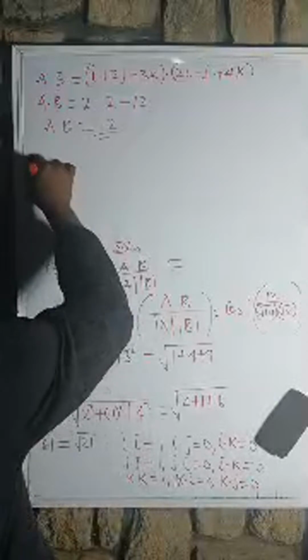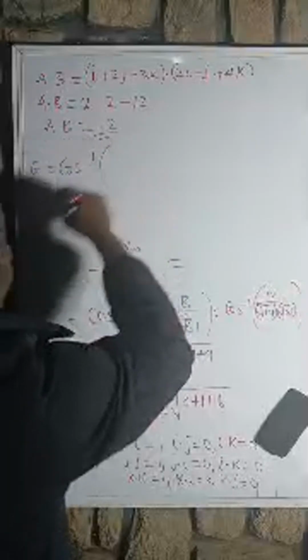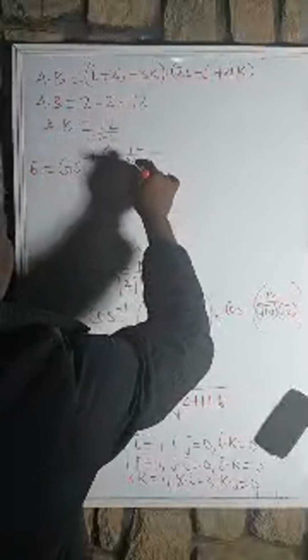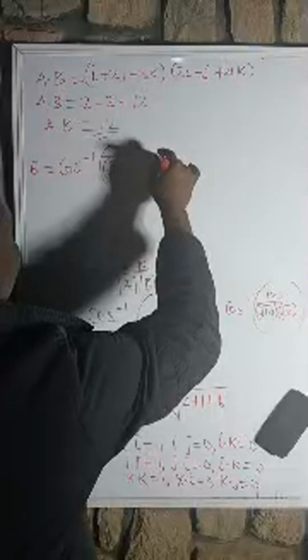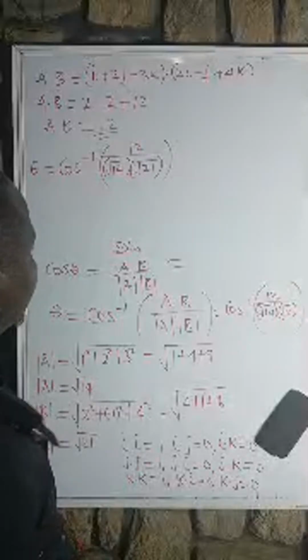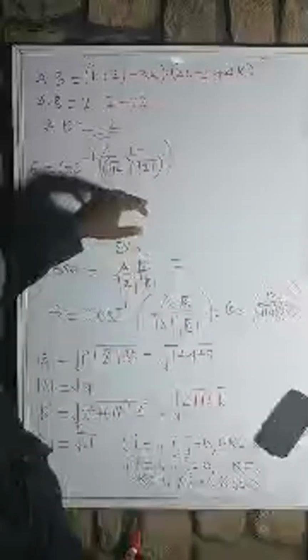So our theta is equal to cos inverse of 12 all over square root of 14 times square root of 21. Your assignment is to use a calculator to solve this and get the angle.